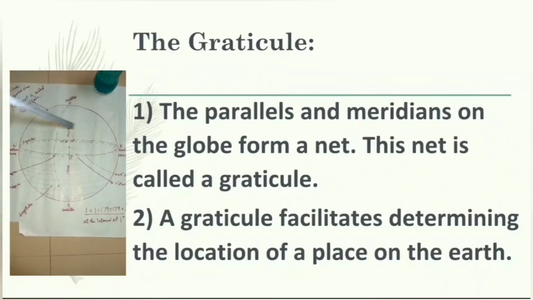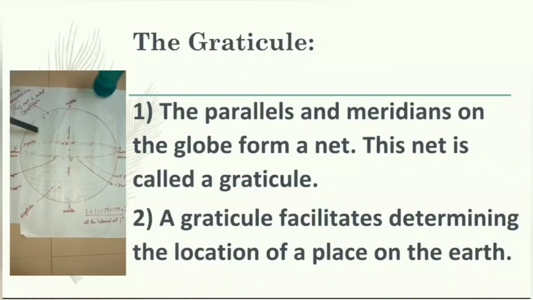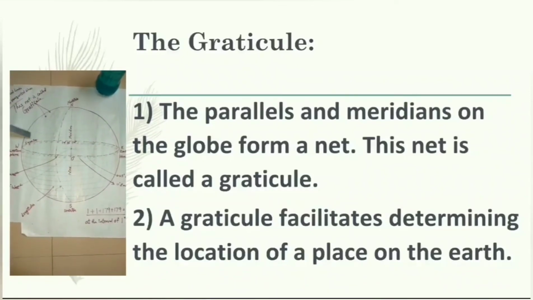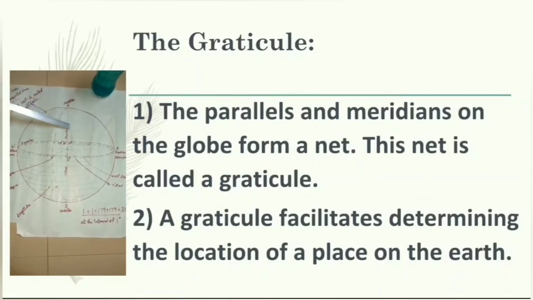You can see here the horizontal lines and the vertical lines. They form a net, and this net is called a graticule. Is it clear? A graticule facilitates determining the location of a place on the earth. You can locate the place with this graticule on the earth.